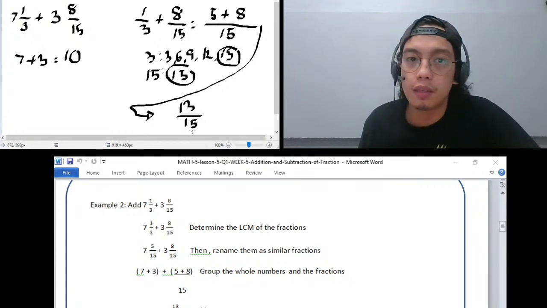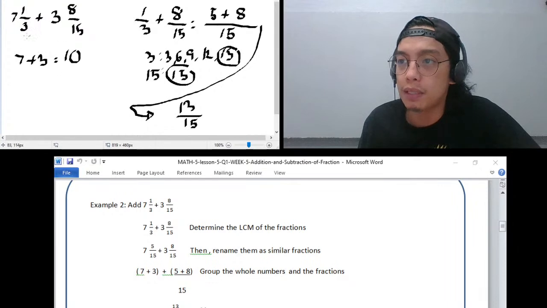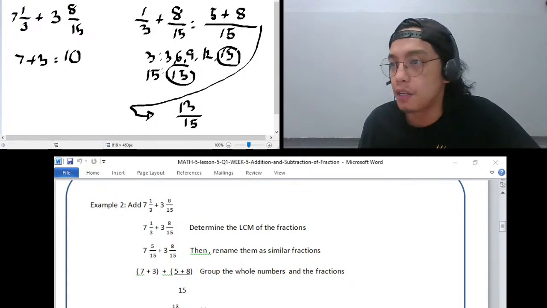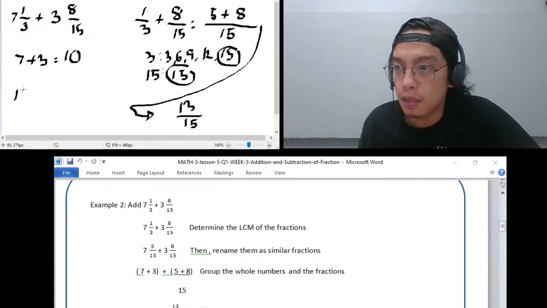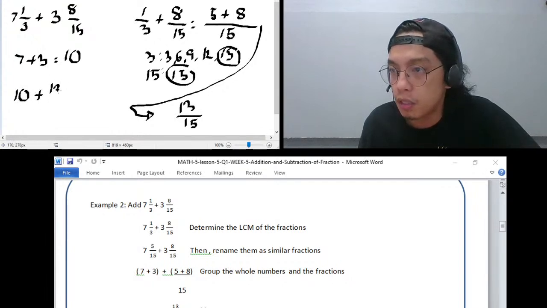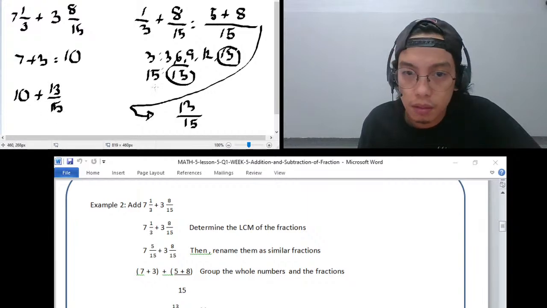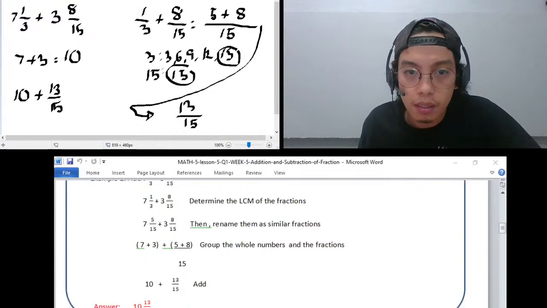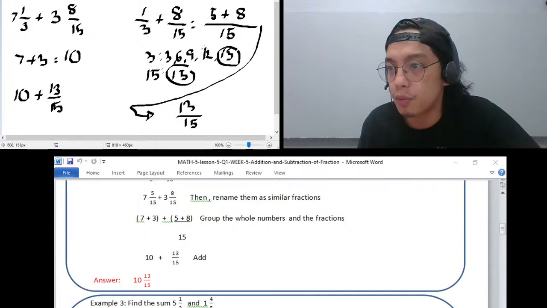We're not done yet because we have the 10. So 10 plus 13 over 15. And we just combine them to become a mixed number.